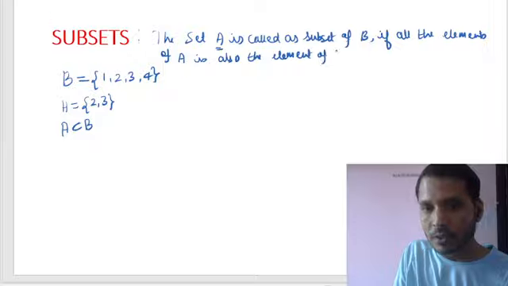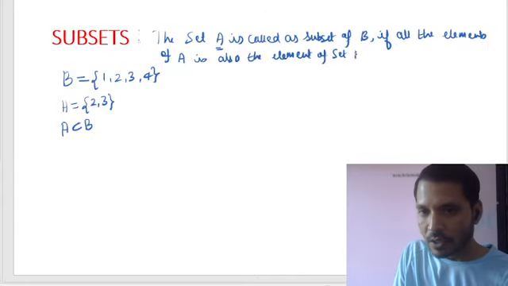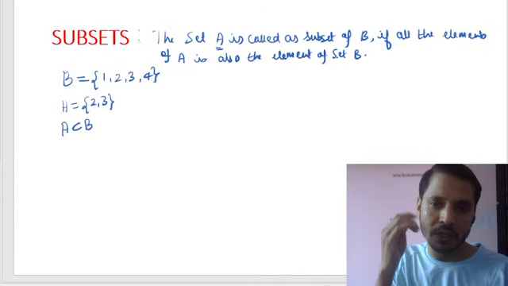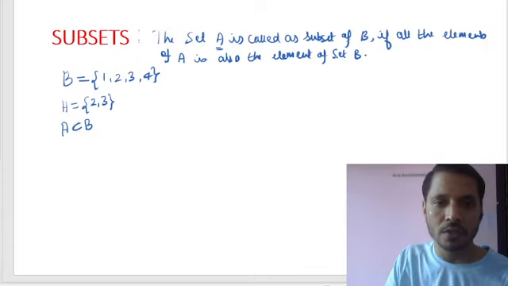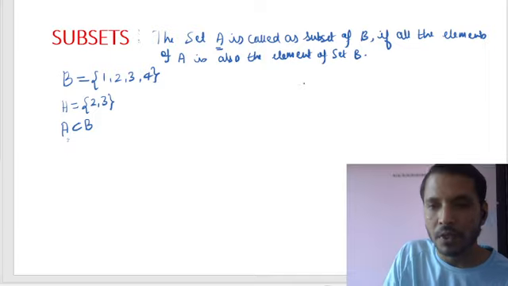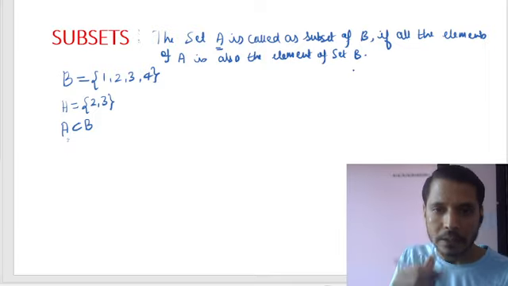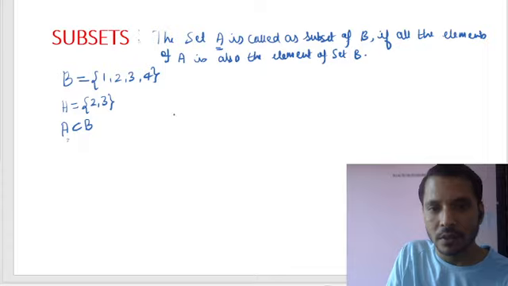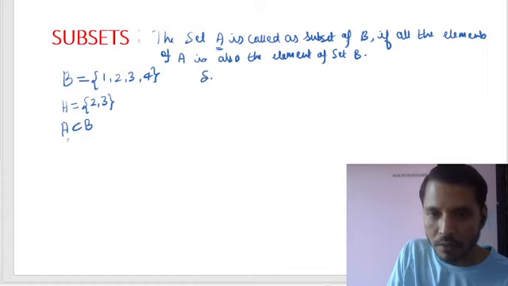The same example I have written in words only, right? So A is called the subset of B, and we are writing it like this. In symbol form, how do we write this?